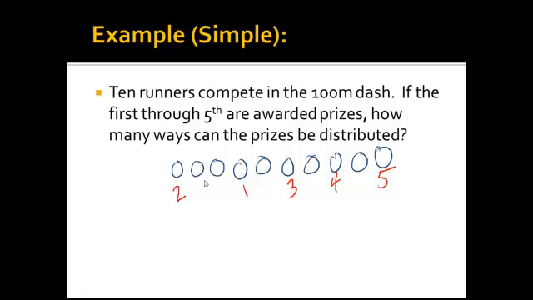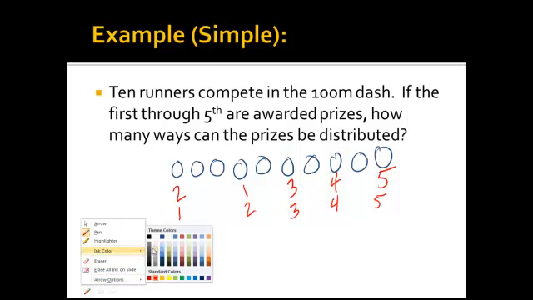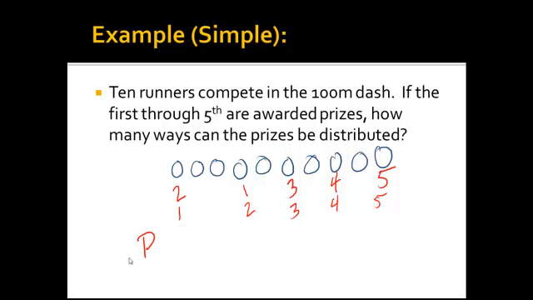Is that different from first, second, third, fourth, fifth? Well, yeah, the first and second place change, so that's a big deal. The order does matter here, so I know I'm doing a permutation. I see that there are 10 things I'm choosing from, so n is equal to 10.